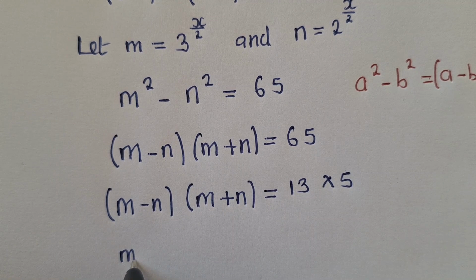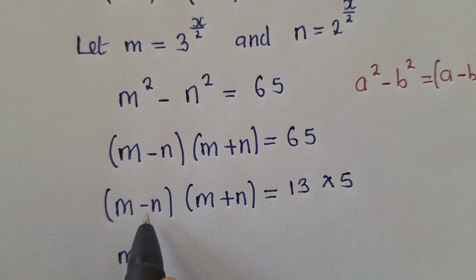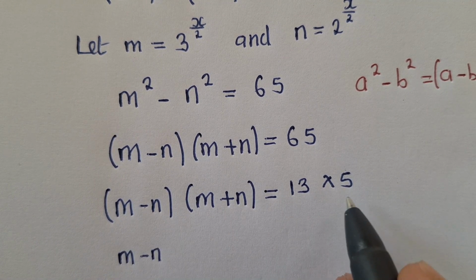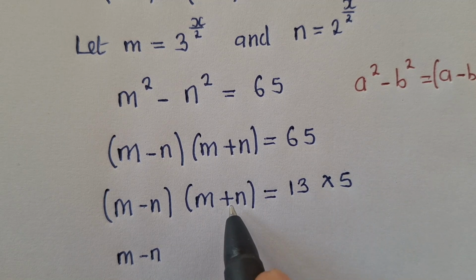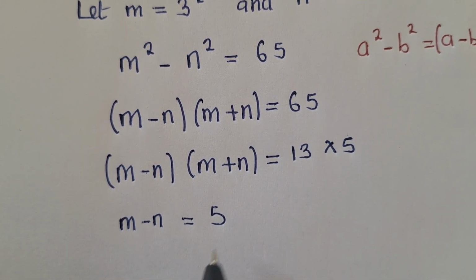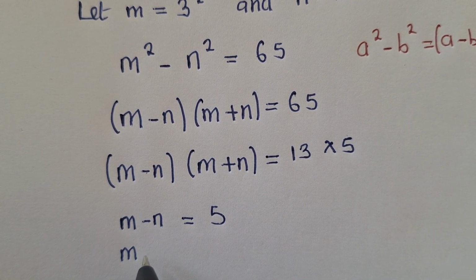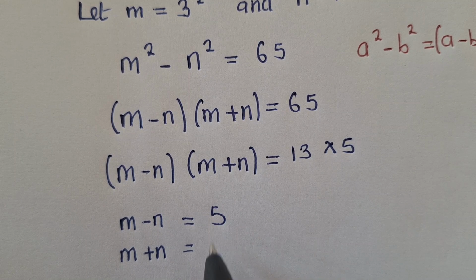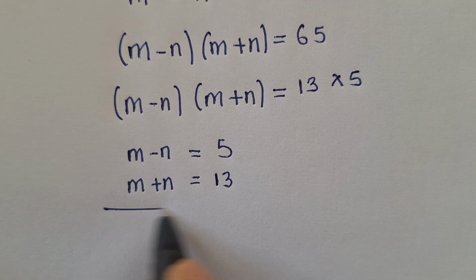Since there is a minus here, we are going to get a smaller number. Since there is a plus here, we are going to get a bigger number. So we say m plus n is equal to 13, and m minus n is equal to 5.